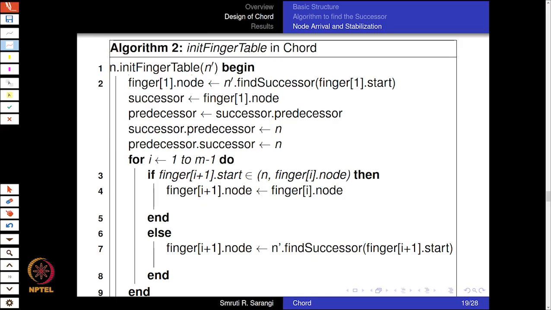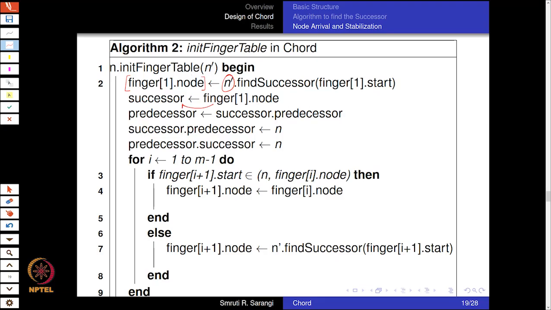Let us consider the node for the first finger, finger 1 dot node. We will ask the node n dash to find the successor of finger 1 dot start. That is pretty easy, right? We'll just ask node n dash to kindly initiate an algorithm and find the successor of my start, and that becomes my successor.